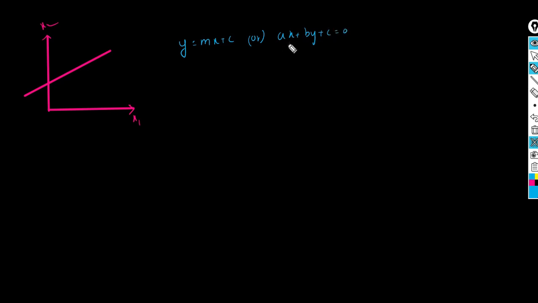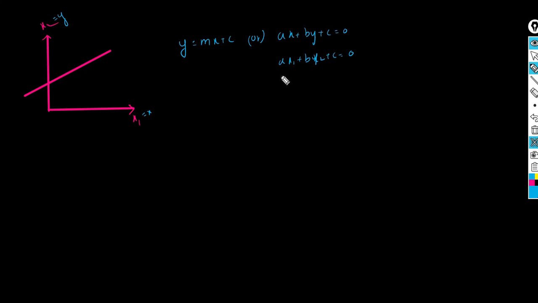Here, instead of x and y, we use x1 equal to x and x2 equal to y. Then we get ax1 plus bx2 plus c equal to 0.